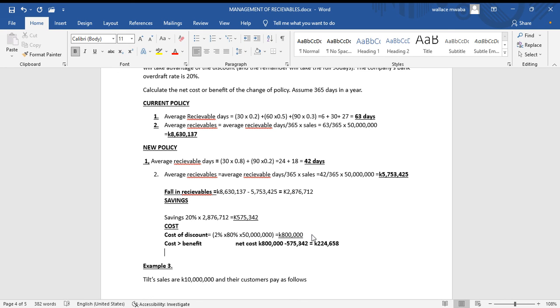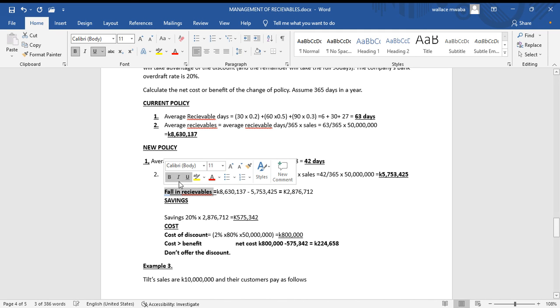So therefore, do not offer the discount. You are better off just getting your overdraft from the bank.